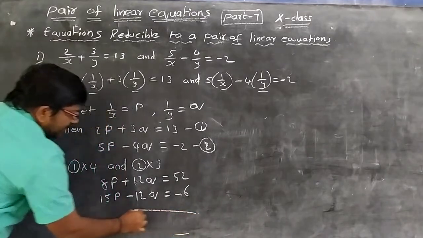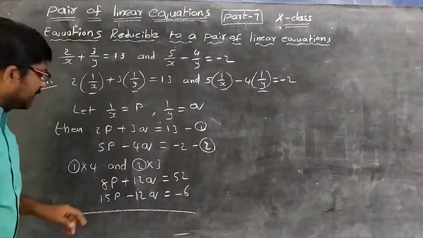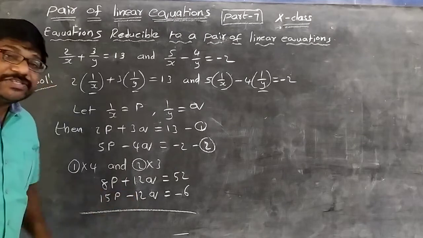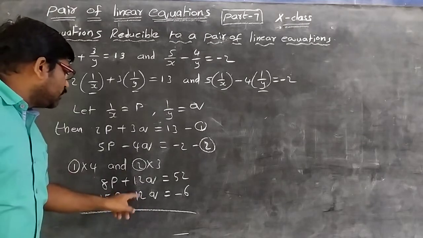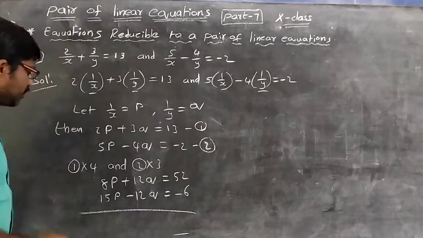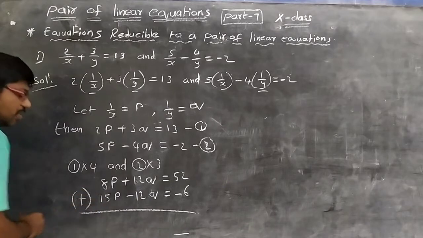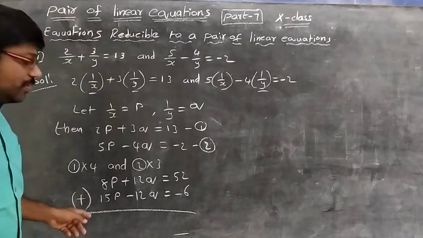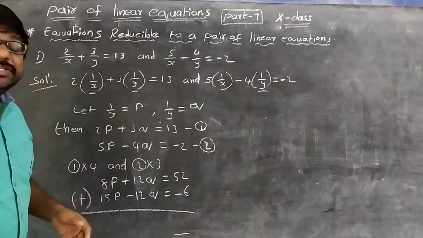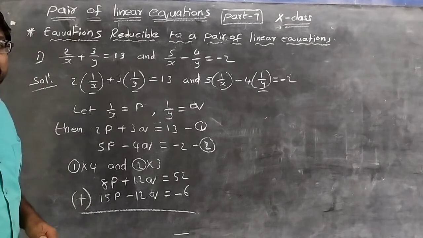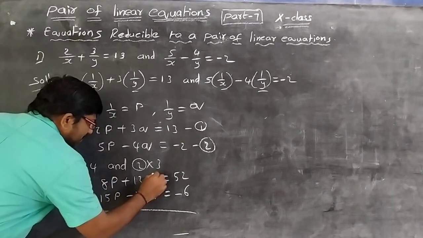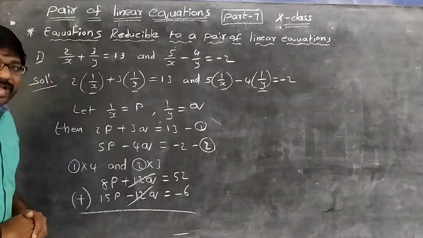Now add these two. Why do we add? It is plus 12q, it is minus 12q. If we add these two, they get cancelled. Don't subtract here; add. If different symbols are there, we add the two equations. Here plus 12q and minus 12q get cancelled.